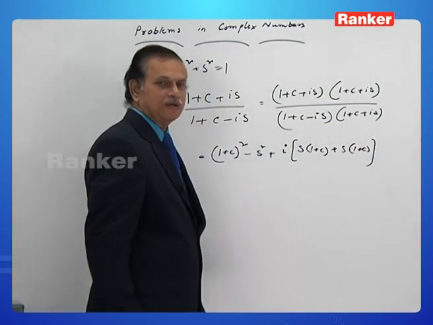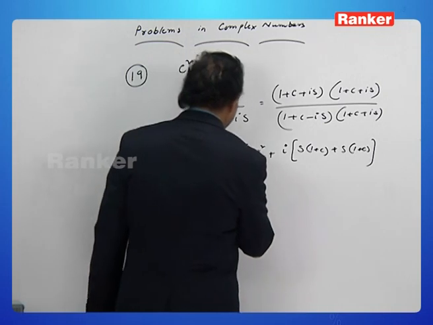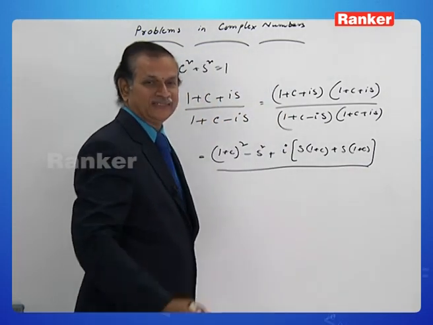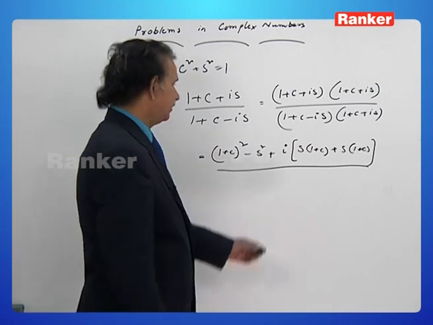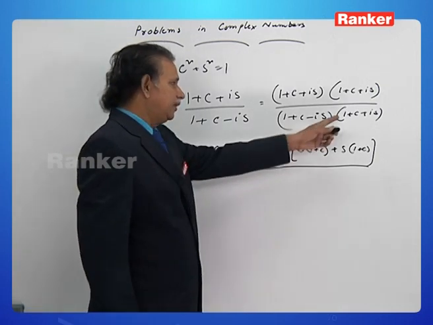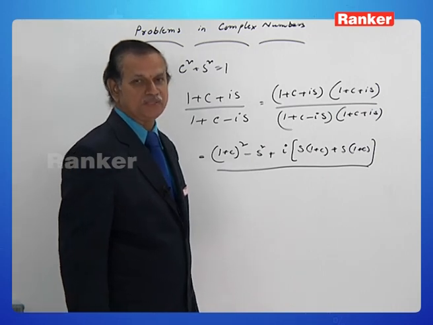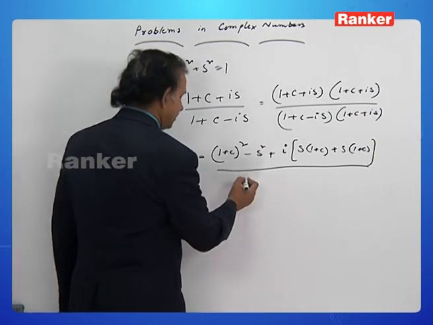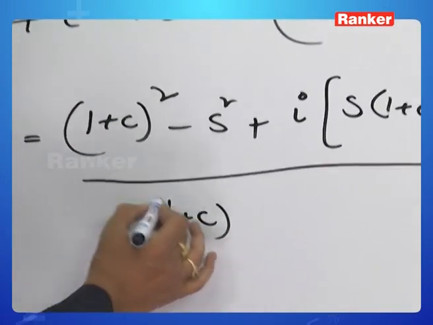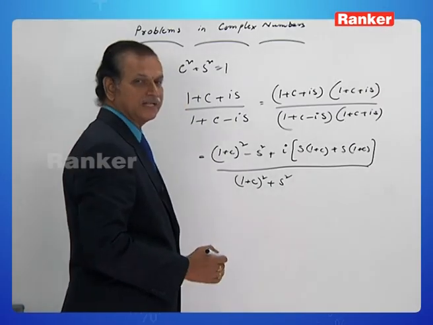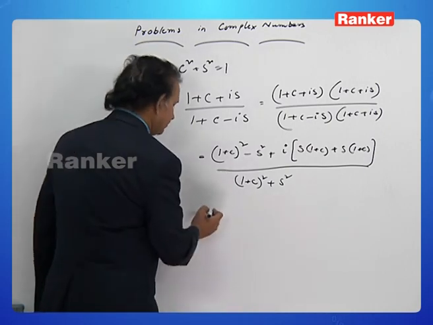That is about numerator. Come to deal with the denominator. What has been there present in the denominator? a minus ib into a plus ib. What is that? A square plus b square. According to that, it is 1 plus c whole square plus s square.